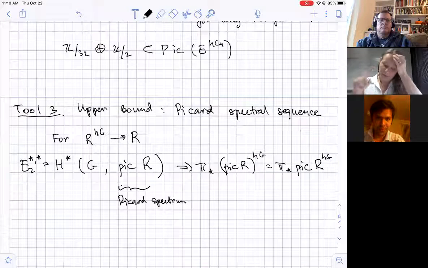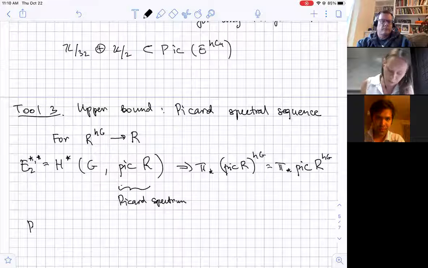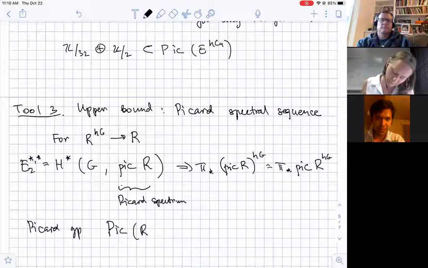Okay, and so here when I write small pic, that's the Picard spectrum, and the Picard group of anything is pi 0 of the Picard spectrum.